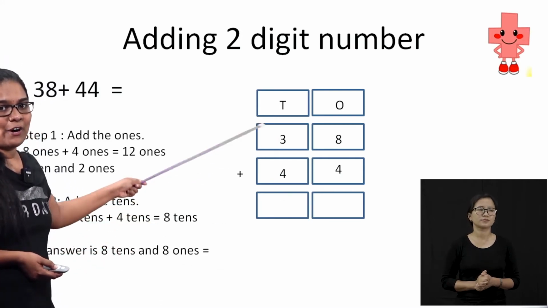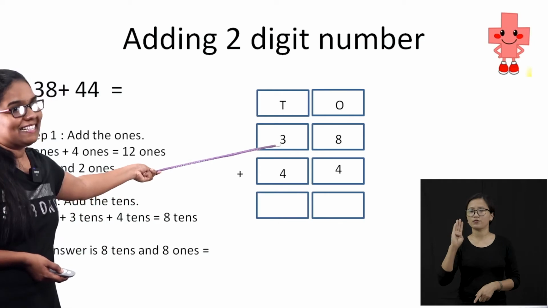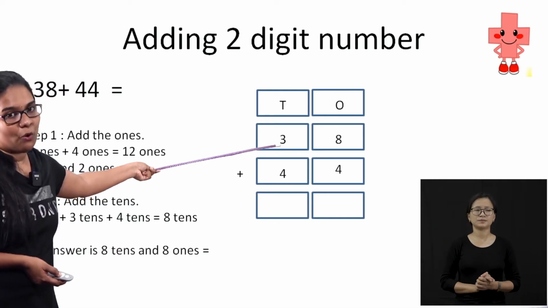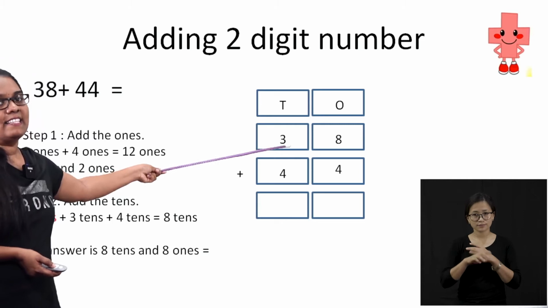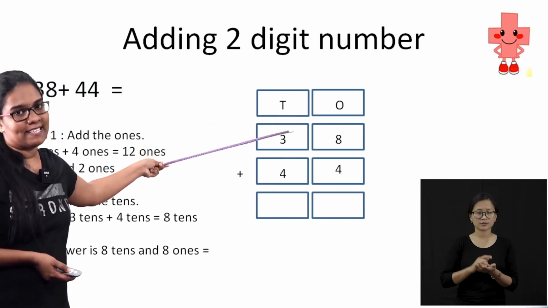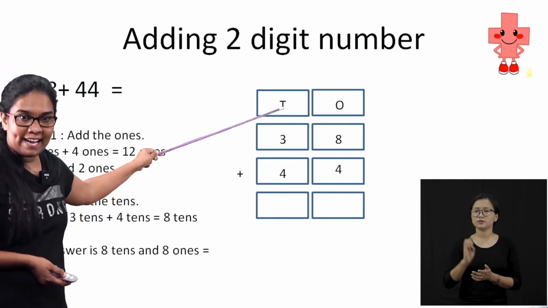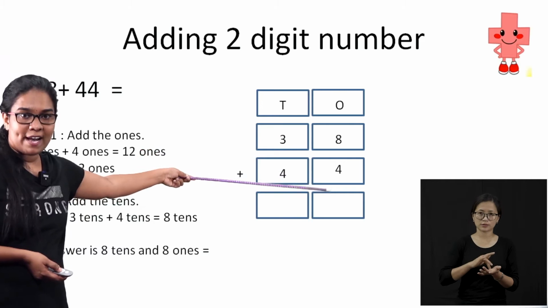Now look here. We are going to add the numbers 38 and 44. In 38, 3 is in the tens place and 8 is in the ones place. In 44, 4 is in the tens place and 4 is in the ones place.